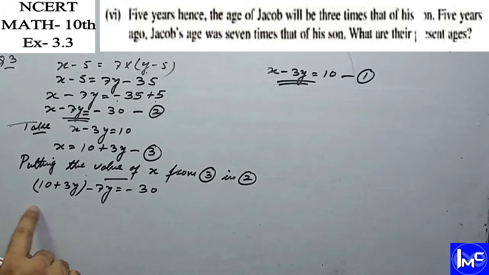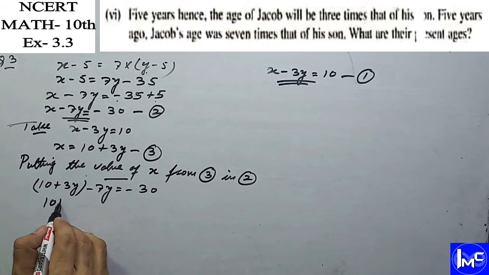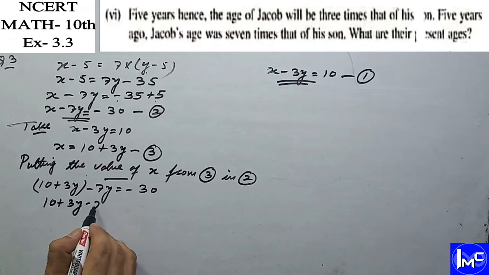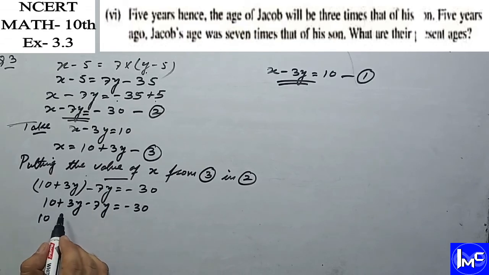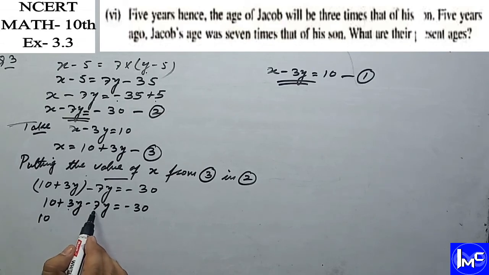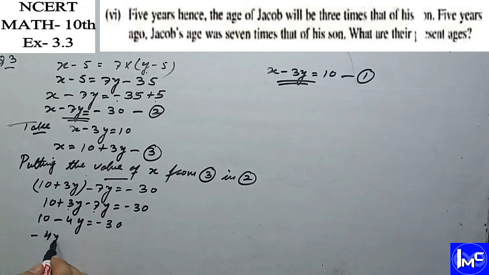We will open the brackets. That will be 10 plus 3y minus 7y is equal to minus 30, and so 10, this is plus 3y, this is minus 7y, that will be minus 4y, and 10 plus minus 4y is equal to minus 30, and 10 will be taken to this side, that will be minus 10, and here we will get minus 4y is equal to minus 40.